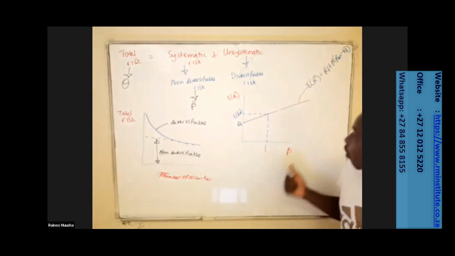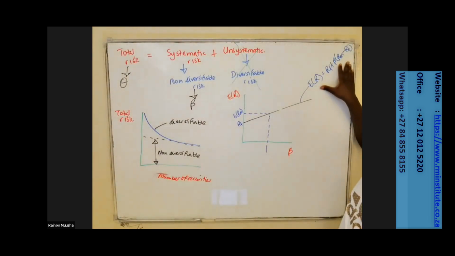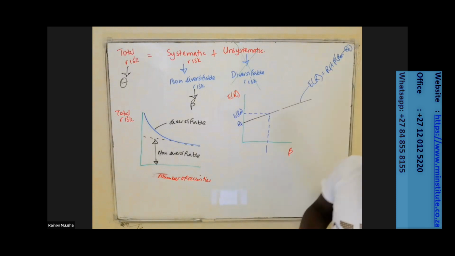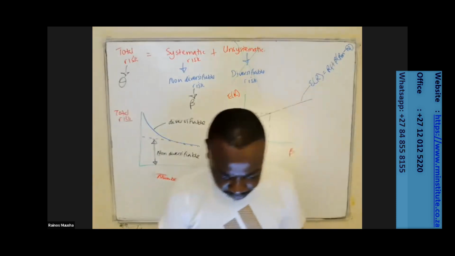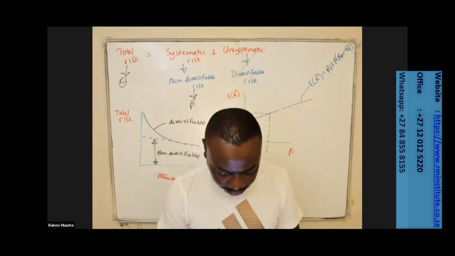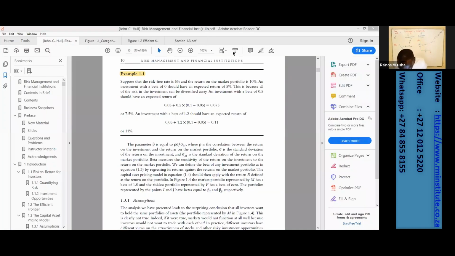So based on this formula for the capital asset pricing model, they give us example 1.1. I don't think calculations of these amounts would be very complex. In example 1.1, they say, suppose that the risk-free rate of return is 5% and the return on the market portfolio is 10%.